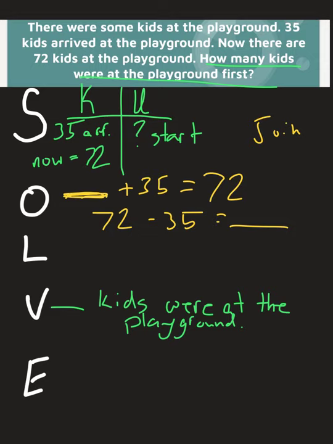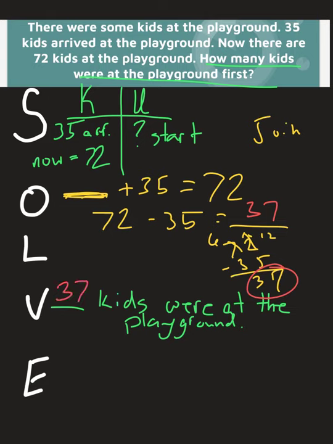So let's do that. 72 minus 35. Let me regroup. I already had 2, so 10 ones, and the 2 that I already had, 12 minus 5 is 7, and 6 minus 3 is 3. So according to our calculations, we have 37 kids that were at the playground originally.